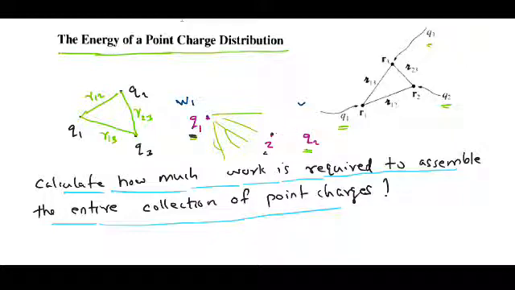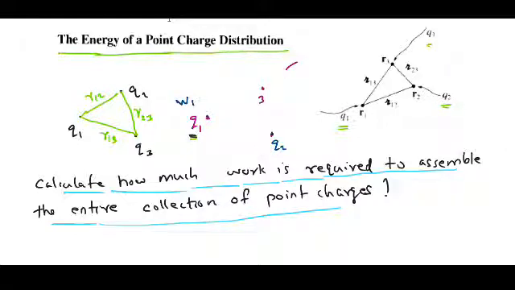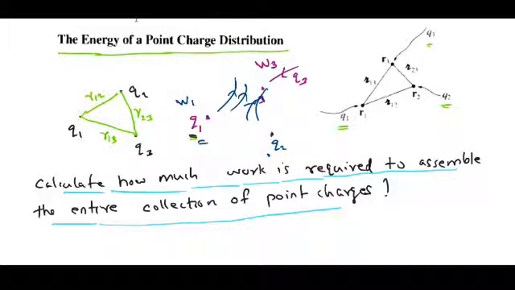Then, after the charge reaches position 2, now we have to bring the third charge to the point 3. Then we need to calculate how much work is required. That work is denoted as W3. Now the problem is quite difficult because here there are already two charges, Q1 and Q2. These two charges produce their own electric field, and in this electric field, while bringing the third charge Q3, it will experience a large repulsive force.